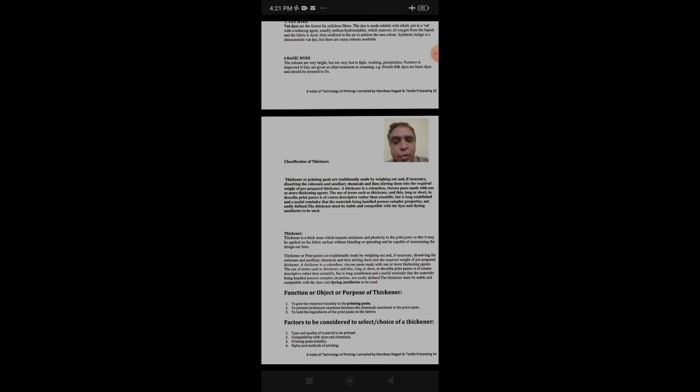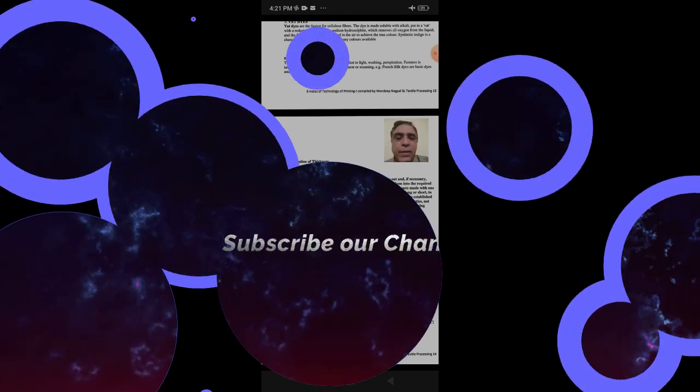Number 2, compatibility with dye and chemicals, meaning this thickener should be suitable for the other ingredients of the printing.